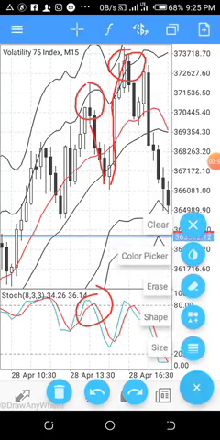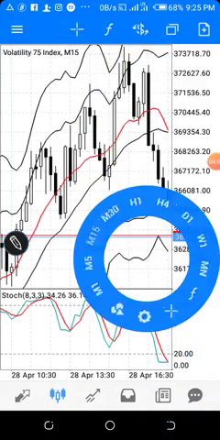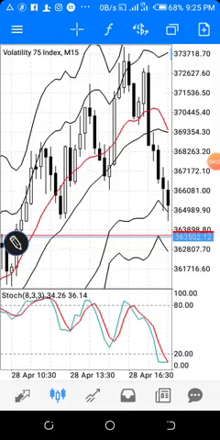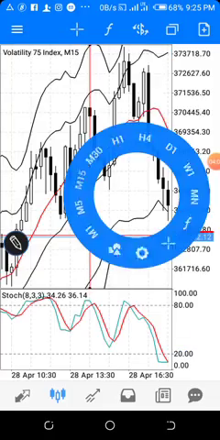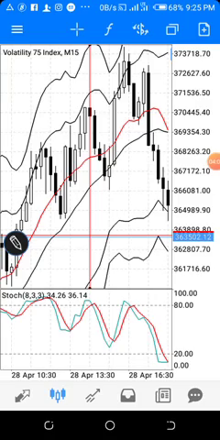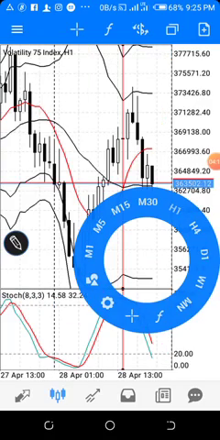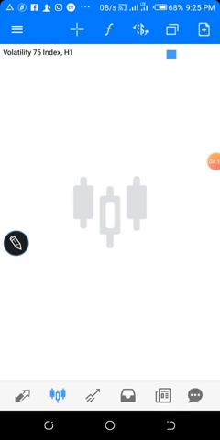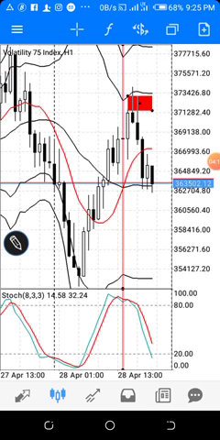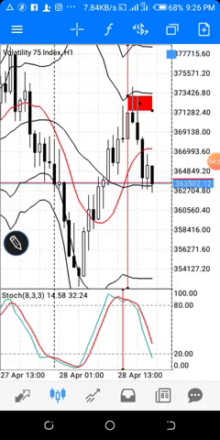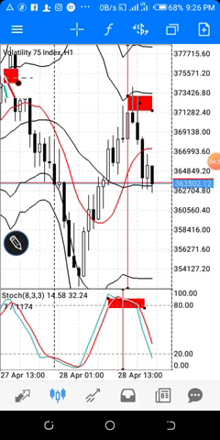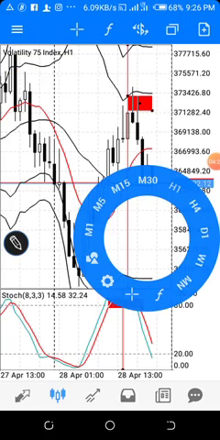But when I check my 1 hour for this trade, I noticed that 1 hour is also giving a similar signal. The market is also overbought. So with this trade, I can hold.